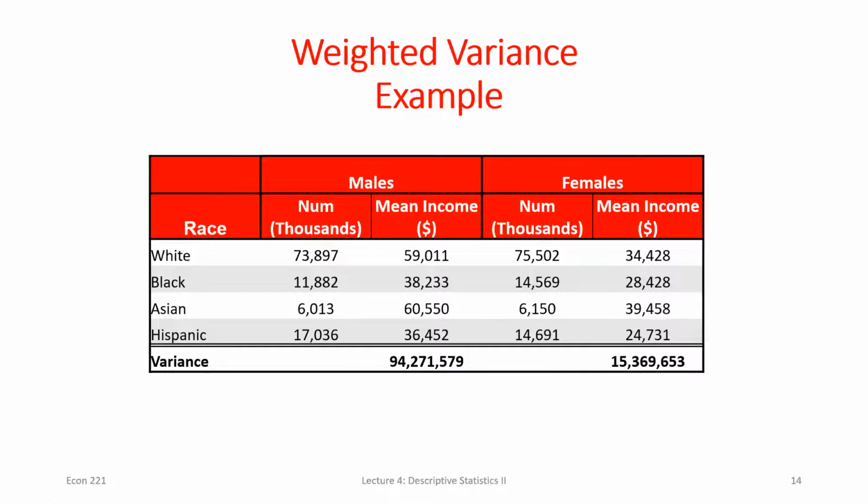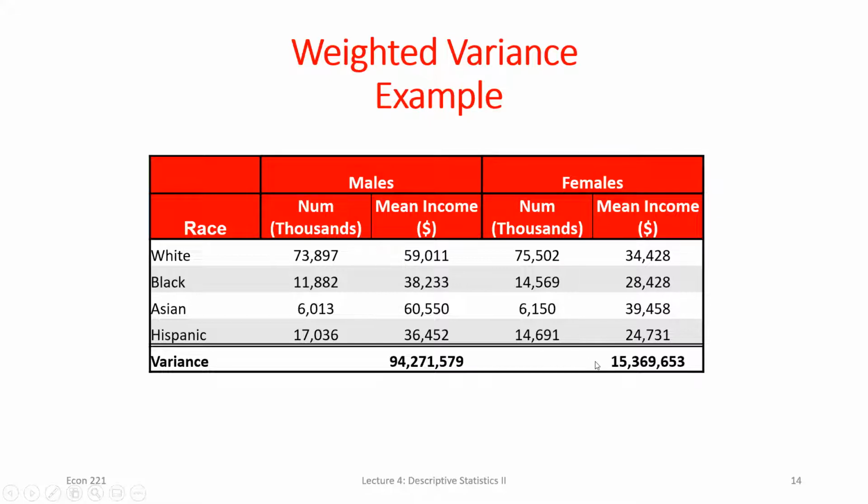If the variance for male income is higher, variance is a measure of dispersion or variation in the data. So this tells me that male income varies a lot more, or it's more likely to be further away from the mean than female income is.